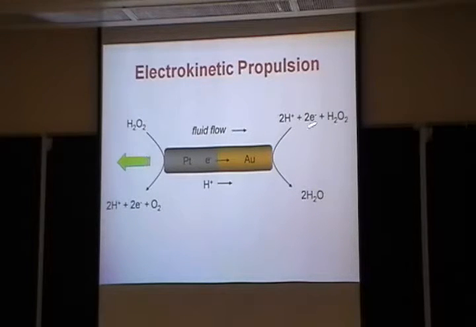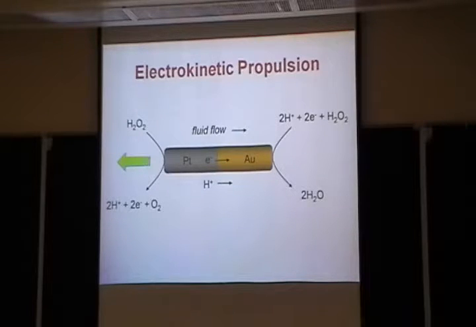On the gold side, hydrogen peroxide gets reduced, and you make water, and you consume 2 protons and 2 electrons. So if you add the whole thing up, of course, the protons and electrons cancel. All you have done is taken 2 hydrogen peroxide molecules and made oxygen and water from it. Okay? The overall reaction is that.